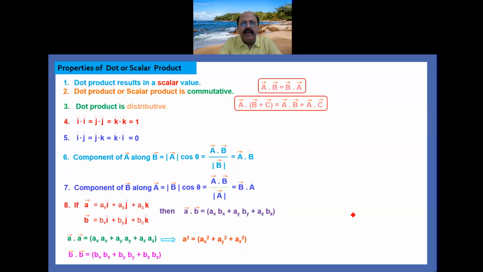Similarly, b vector dot b vector can be written as b square equal to bx square plus by square plus bz square. So this is about dot product or scalar product and its properties.